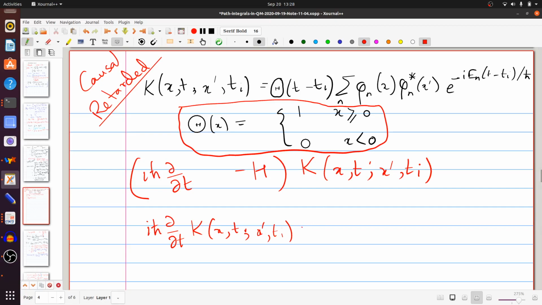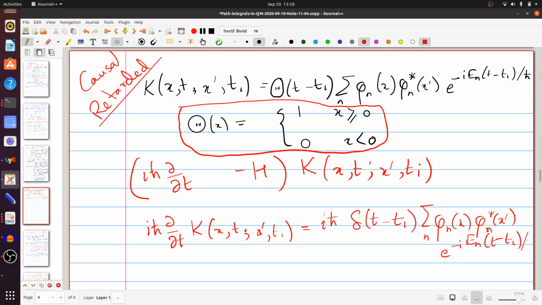So if we do the derivative with respect to time, the derivative will come from two places. The theta function here is time dependent, which of course suffers a jump at t equal to t i. That's the only place where there's a jump. And otherwise it's a constant. So the derivative of the theta of t minus t i term simply gives you a delta function, delta of t minus t i, because that's exactly something whose integral will give you back the theta. And the rest of the sum. Let me just write out the sum here: phi n x, phi n star x prime times e to the minus i E n (t minus t i) by h cross.